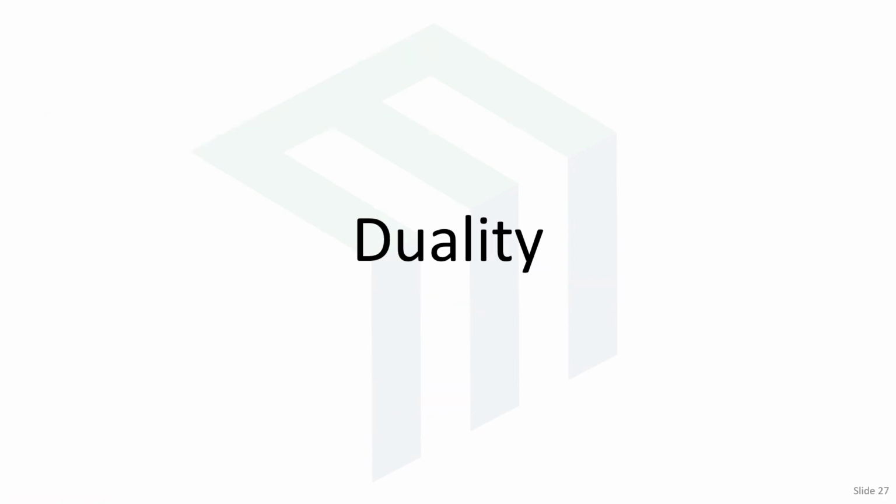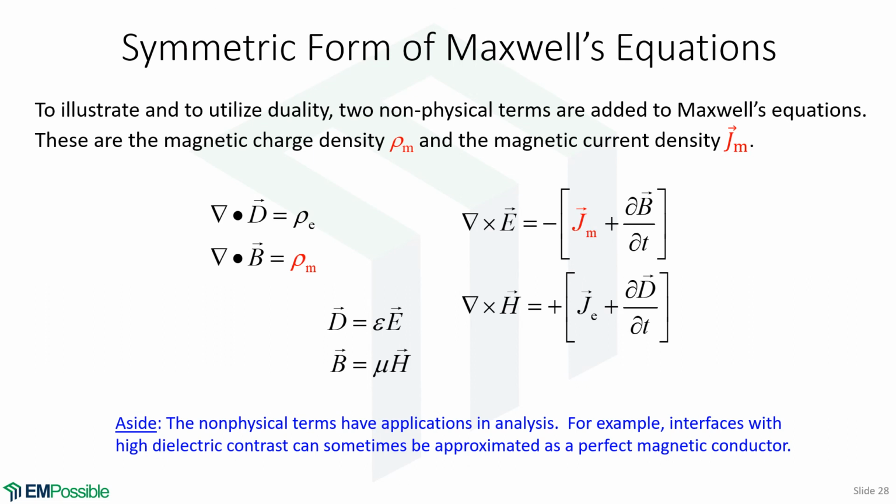Duality. To get into the duality of Maxwell's equations, let's write these equations in a form that shows off the symmetry. So I'm going to make up two non-physical things. I'm going to pretend that there's such a thing as magnetic charge, which means there is a magnetic charge density to sort of go along with and be a dual with electric charge density.